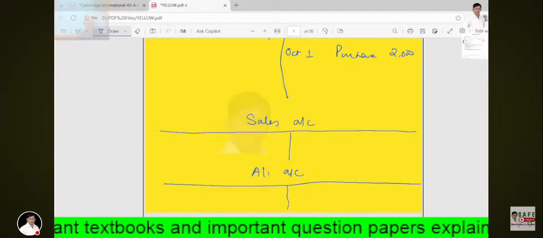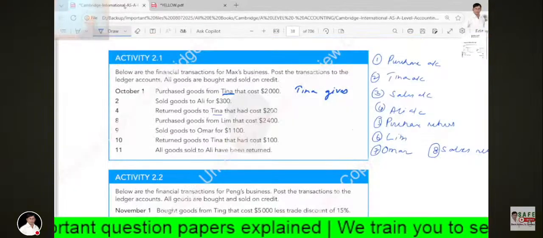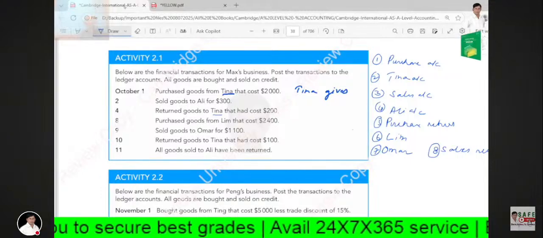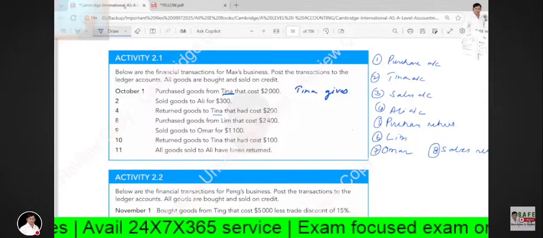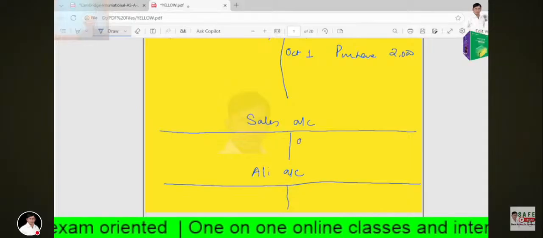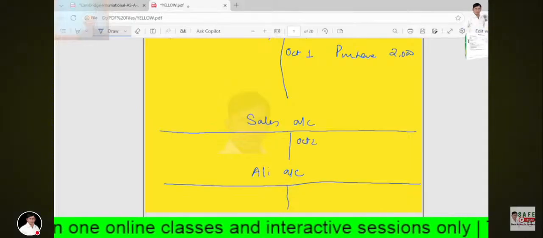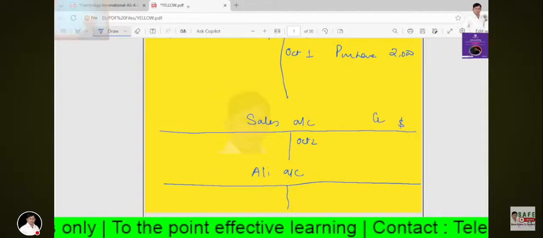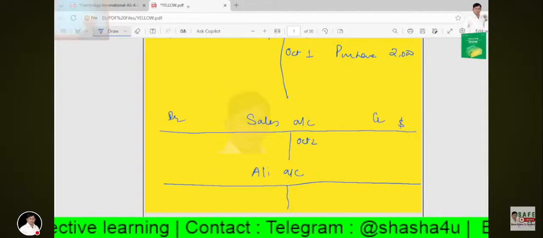So how much? What is the value? What is the date? Always remember to put the date. October 2nd, 300. October 2nd. It is always credit. This side is always debit.